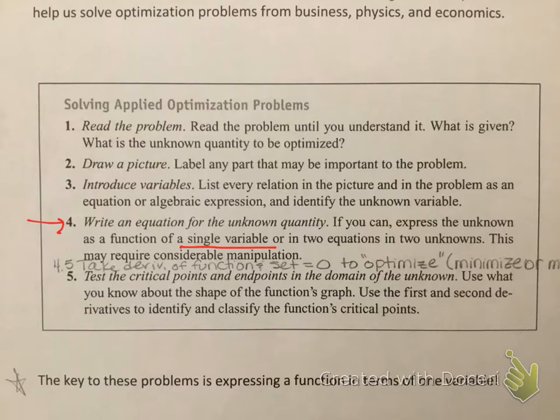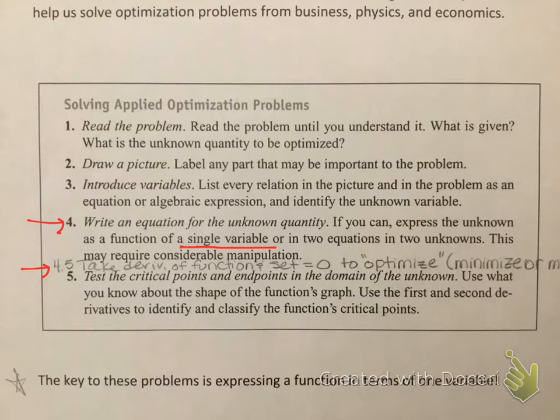One step that they left out, step 4.5, you're going to take the derivative of the function that you set up. You're then going to set that equal to 0, and when you have solved that equation for x, or whatever variable you used, you should be able to answer your question on minimizing or maximizing something.